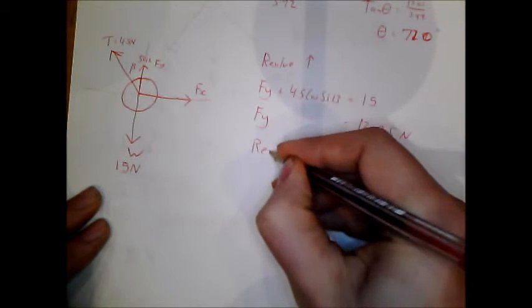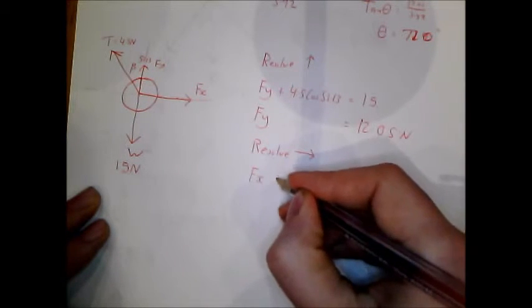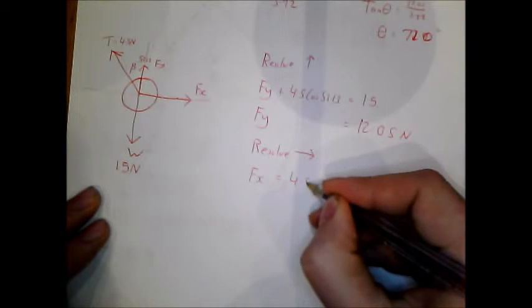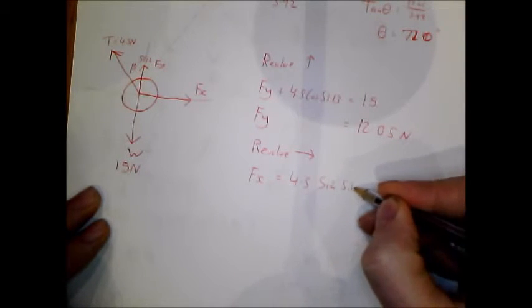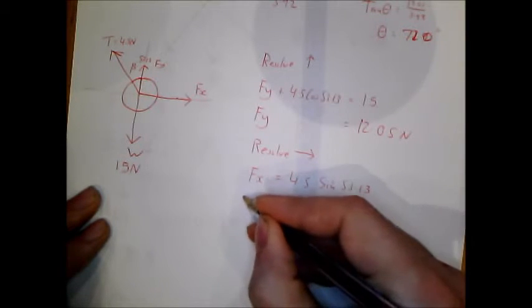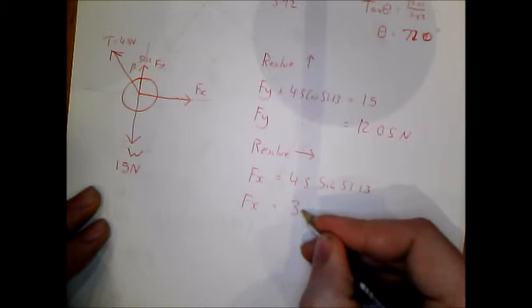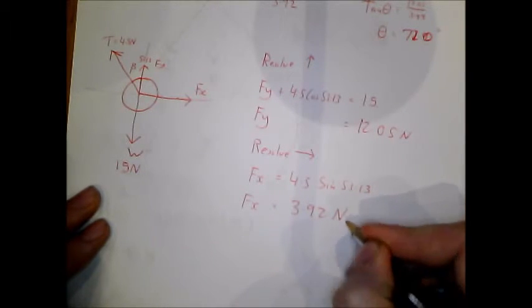We'll do the same in the horizontal direction, and again, I'm going to go in the direction of the force that I know it's going to be in. So Fx is equal to 4.5 sine 53.13, and you should find Fx to be somewhere around 3.92 newtons.